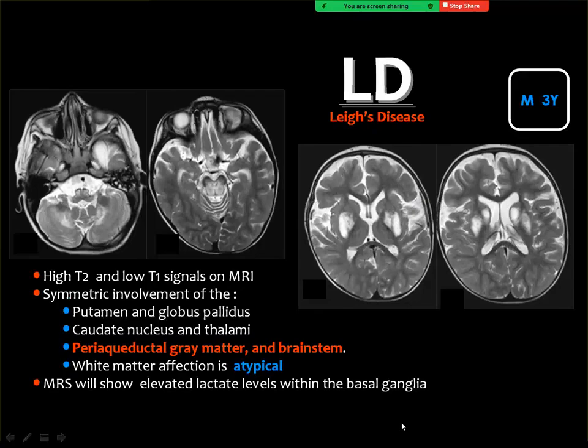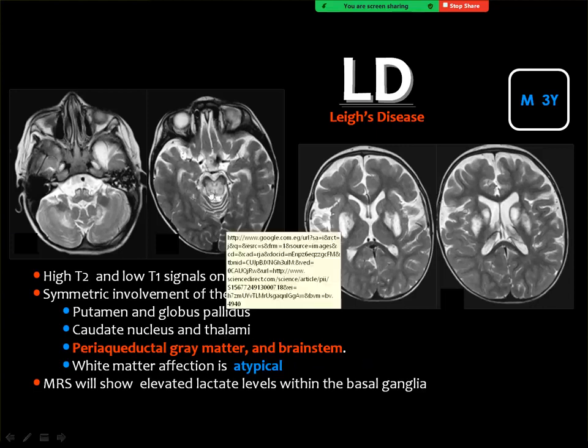Then the most characteristic appearances in this Leigh's disease are the presence of high signal in T2 and FLAIR, low signal in the T1 in these characteristic locations. So number one, the putamen and the globus pallidus of the lentiform nuclei, the caudate nucleus and the thalamus, the periaqueductal gray matter and the brainstem.